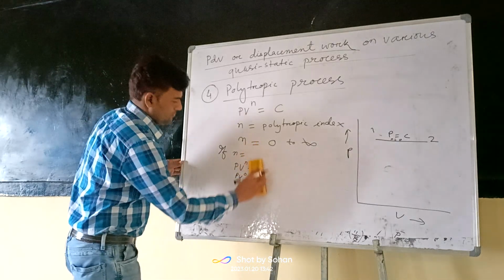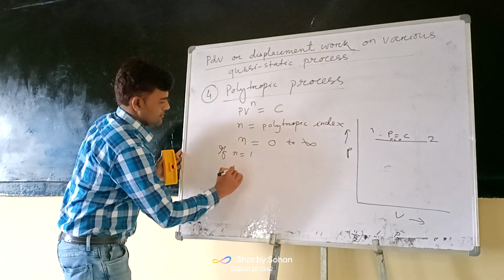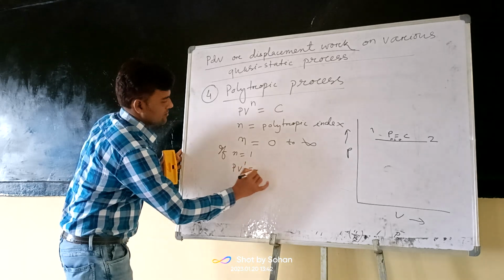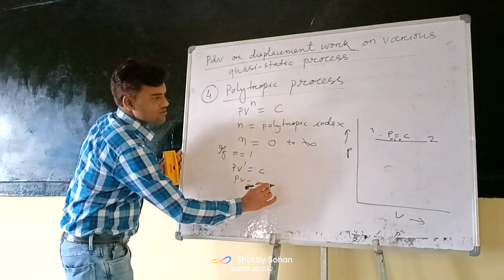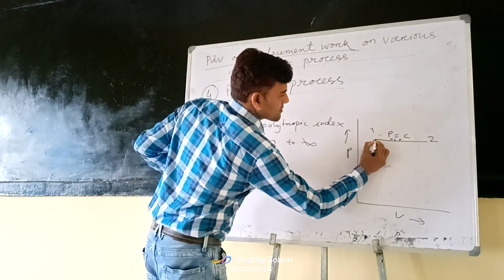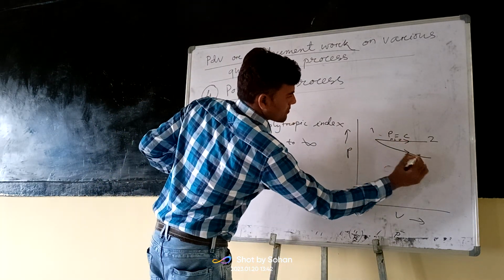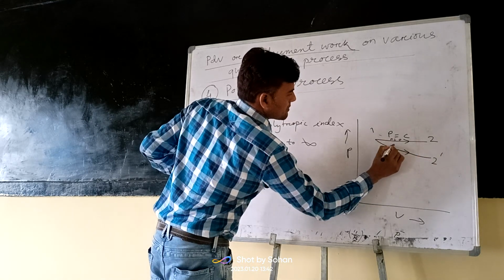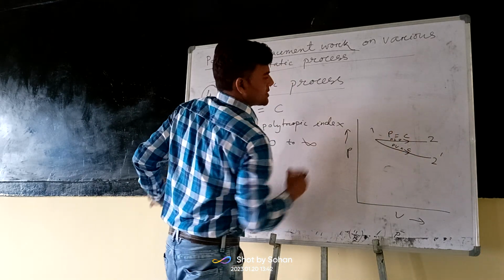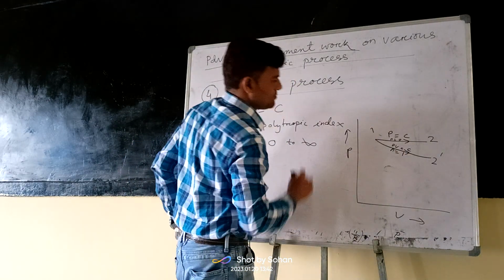If the value of n equal to 1, then PV to the power 1 equal to constant, which means PV equal to constant. This is an isothermal process, n equal to 1.